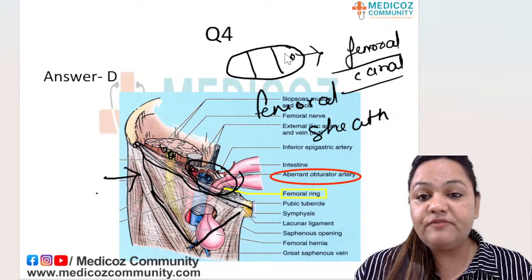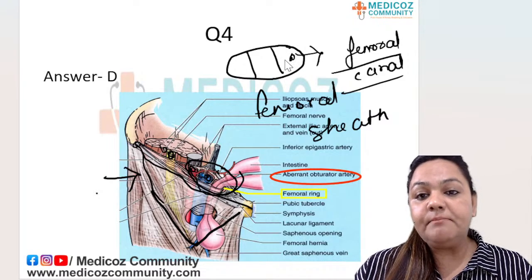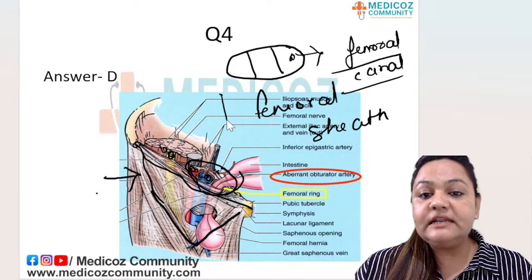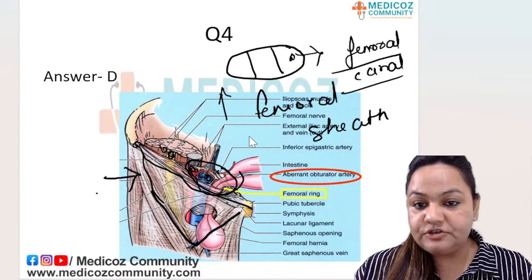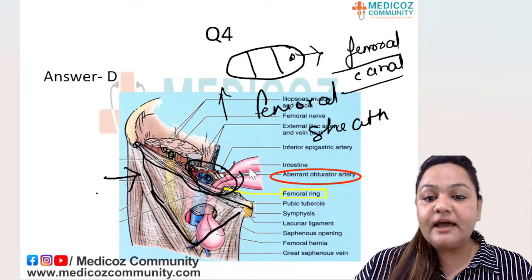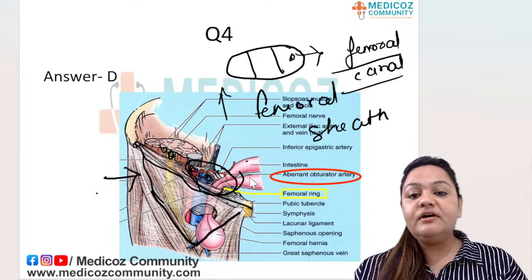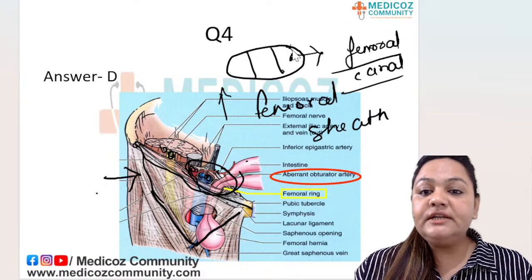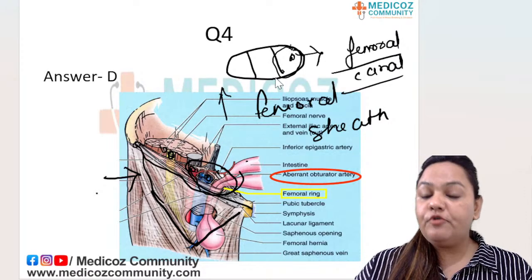This is a very spacey compartment. So whenever there is increased intra-abdominal pressure, the sac of the hernia can bulge out through this canal. So a femoral hernia can occur through the femoral canal.